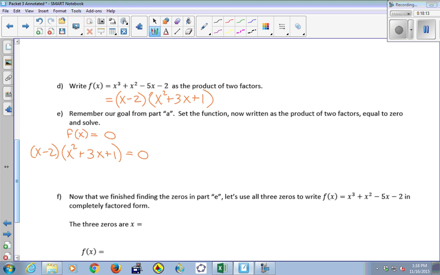I have two things being multiplied together. The answer is 0. How do I proceed? At least one of them is 0. So either x minus 2 is 0, which gives me x equals 2, and I already knew about that 0. Or, right, x squared plus 3x plus 1 is 0.